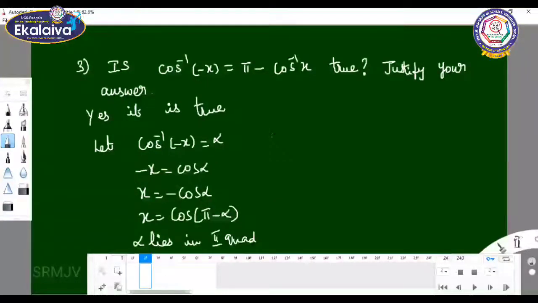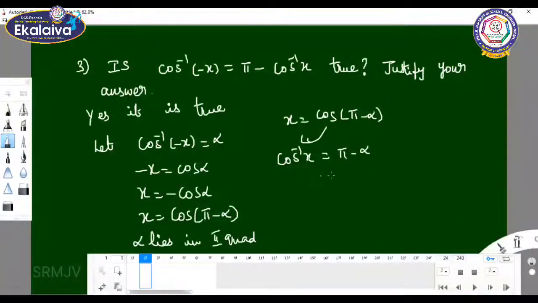So x equals cos of pi minus alpha. Bring this cos to the left hand side, so cos inverse of x equals pi minus alpha.